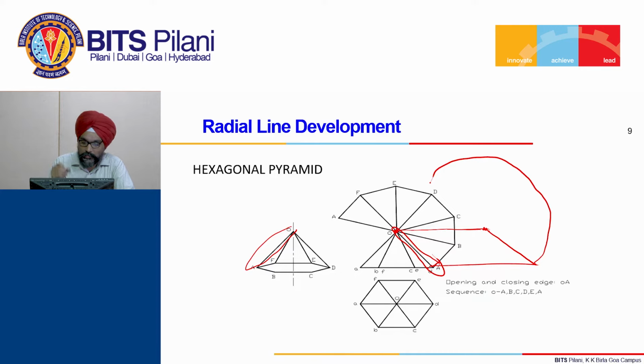Then you can mark an arc, and on that arc you mark the true length of the base edge, using an arc or a circle, and then you develop. Okay. This way the first slant surface can be developed, then you can mirror it. When you mirror it, it can be done like this, then you can mirror both of them. Then easily you will be able to get the shapes.